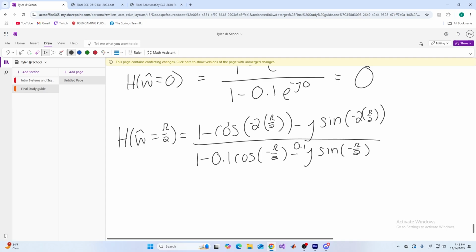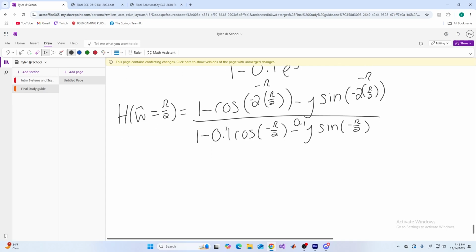The cosine, this is just going to turn into a negative pi. This is going to be a negative pi, and that'll stay the same. So I'm going to have 1 minus the cosine of negative pi is 0. So I'm going to have 0. Minus j sine of negative pi. Negative pi is here, so this is 1. Negative 1, actually.